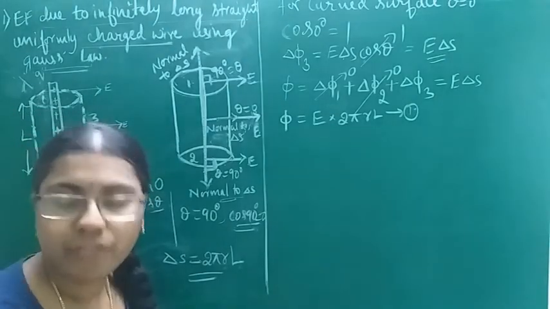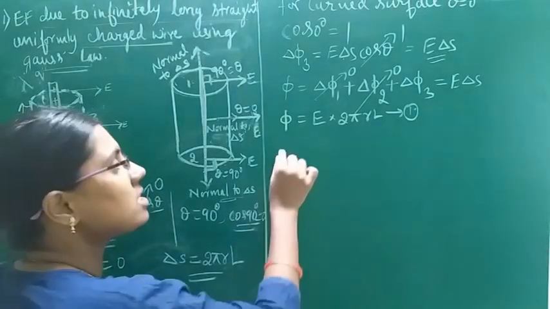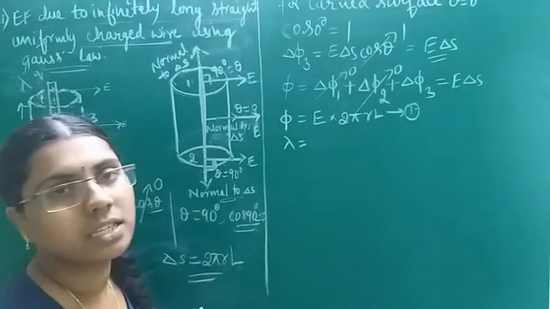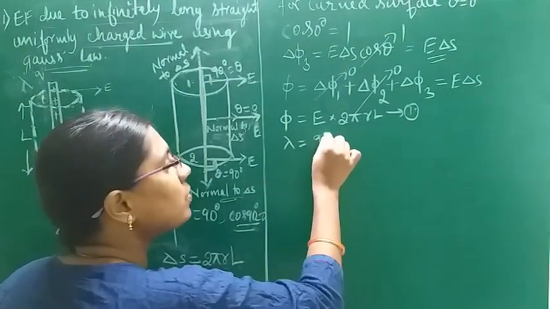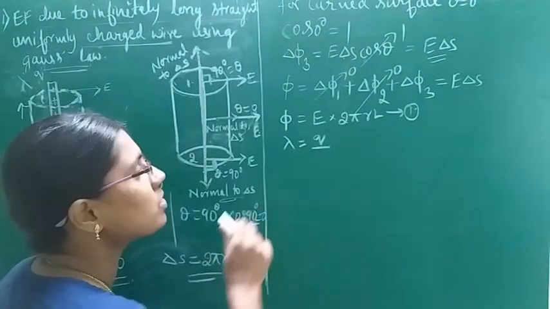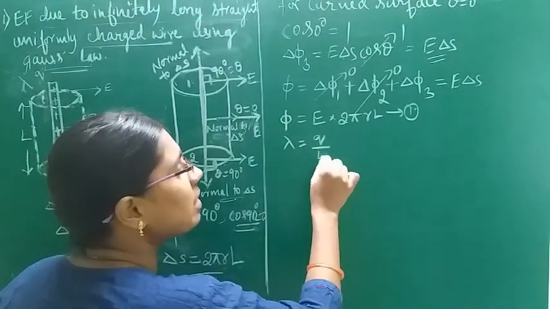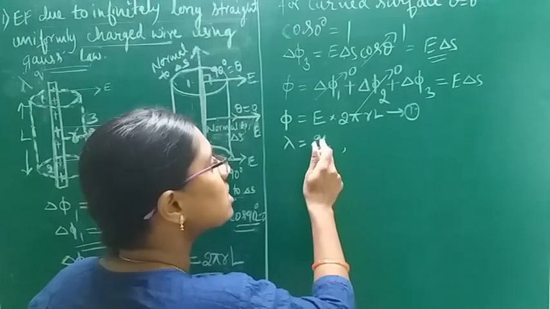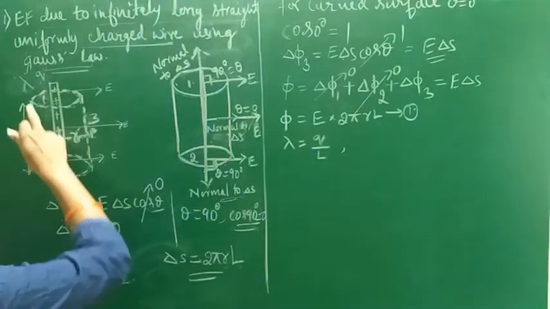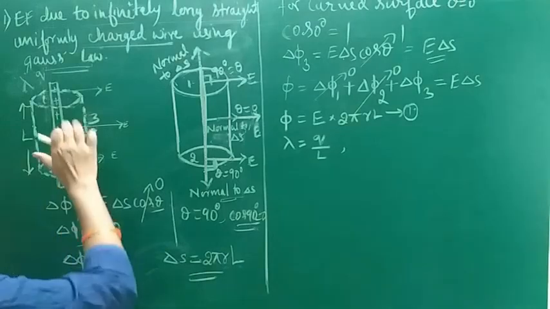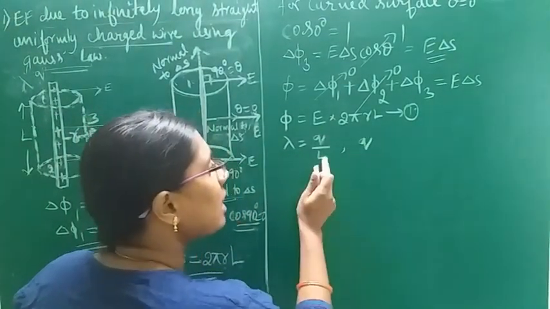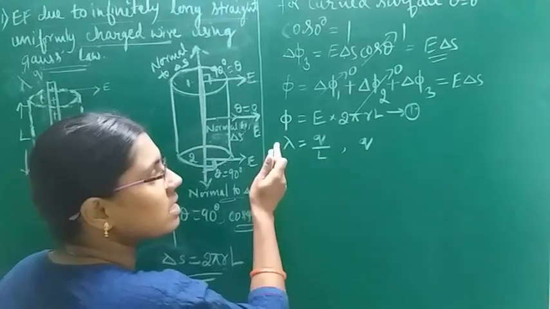Then, by the definition of linear charge density, it is the charge per unit length, right? So we can write lambda equals Q divided by L. In order to find the total charge enclosed by this Gaussian surface, take L to this side.